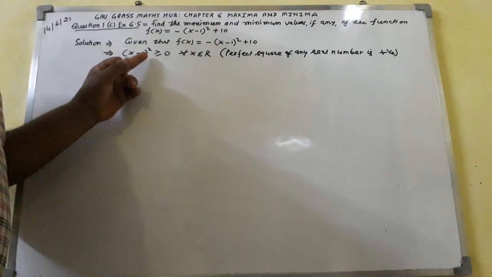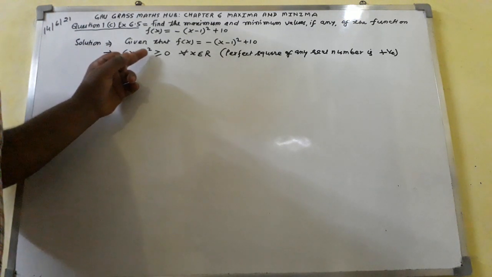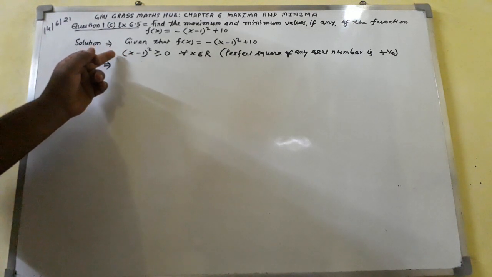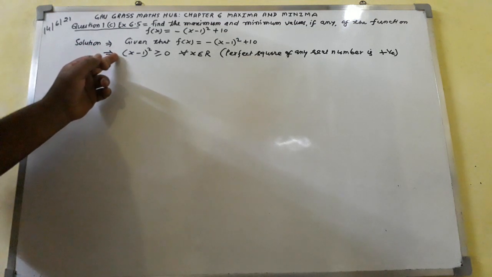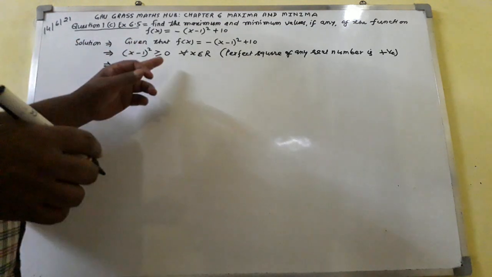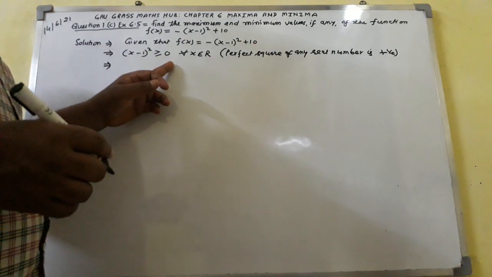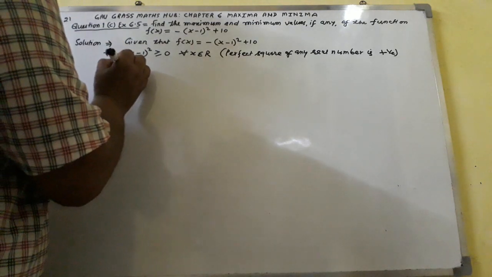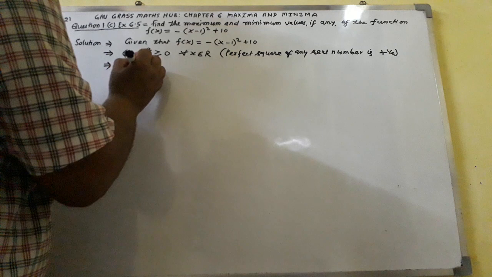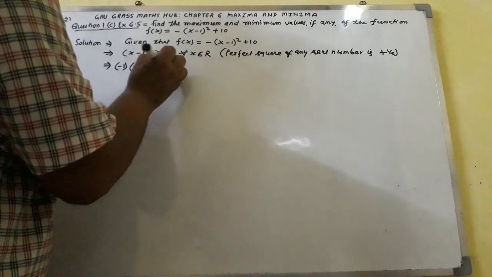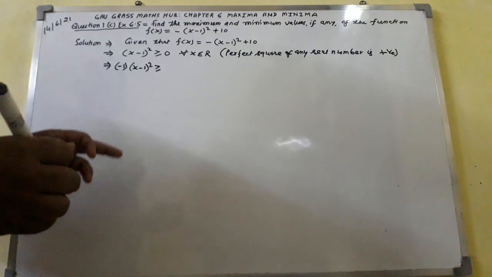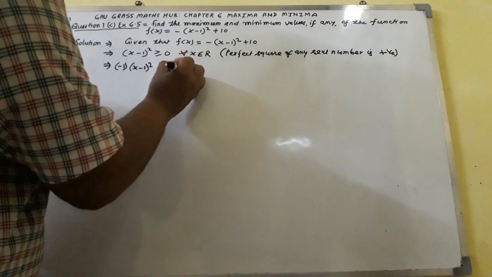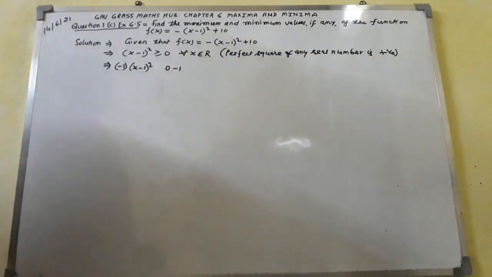Here this is an inequality. On the left hand side of the inequality, if I multiply by minus 1, the right hand side of the inequality will also be multiplied by minus 1. So here, multiplying by minus 1 on the left hand side, (x minus 1) whole square will be greater than zero times minus 1.